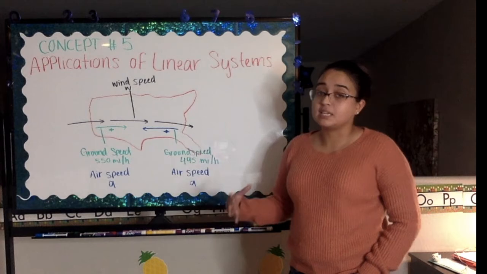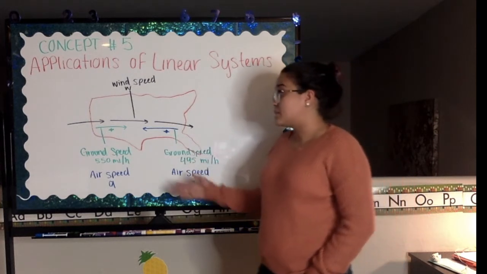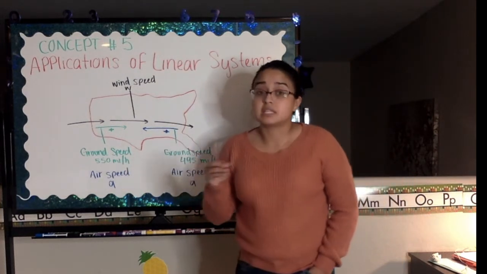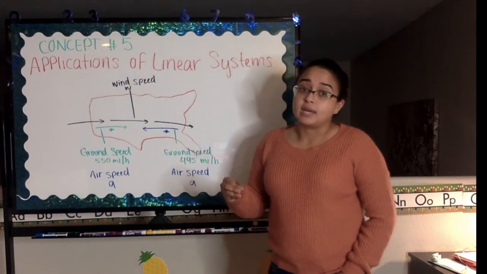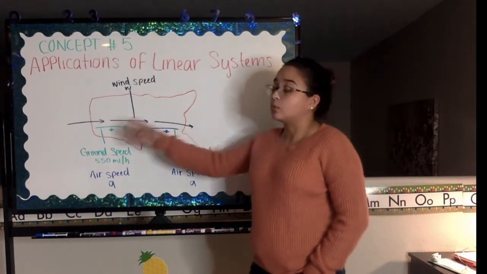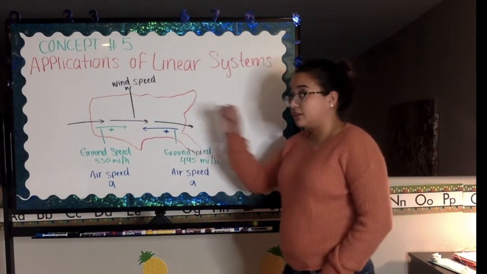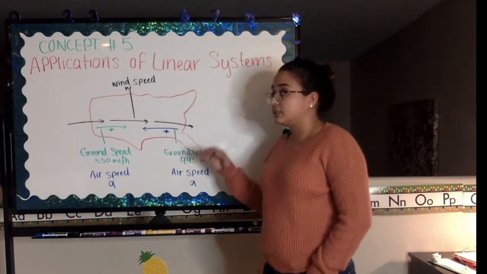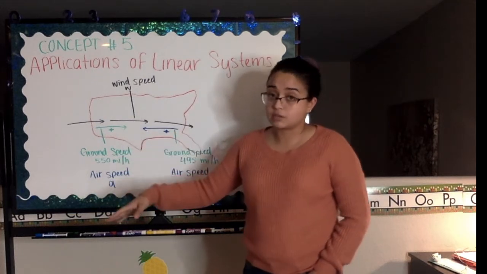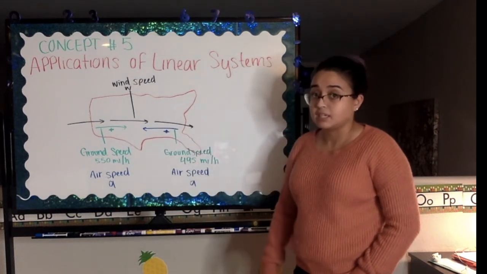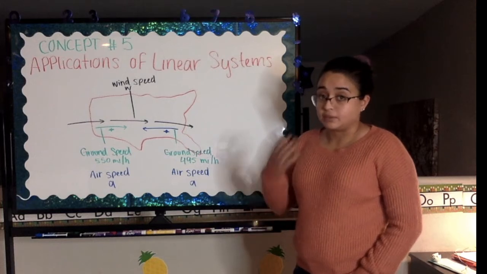They maintain the same speed. But the ground speed is what is impacted by the wind. So in the air it's not affected, but the ground speed is affected due to the wind.